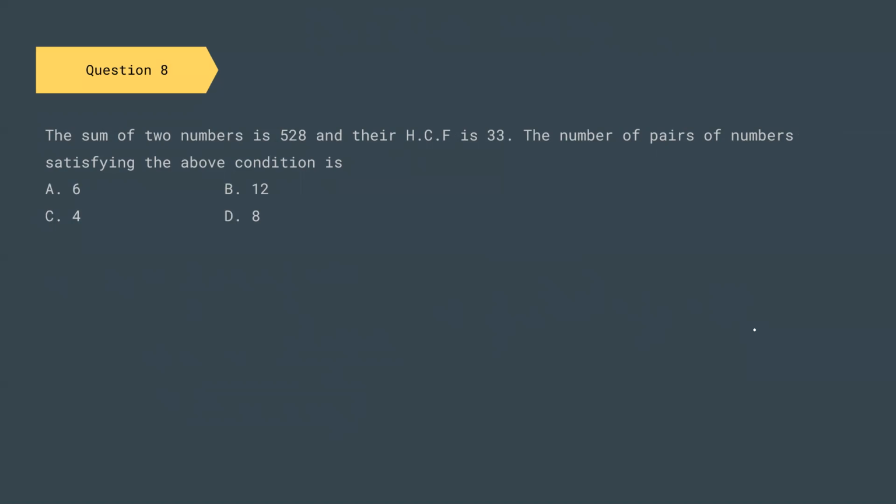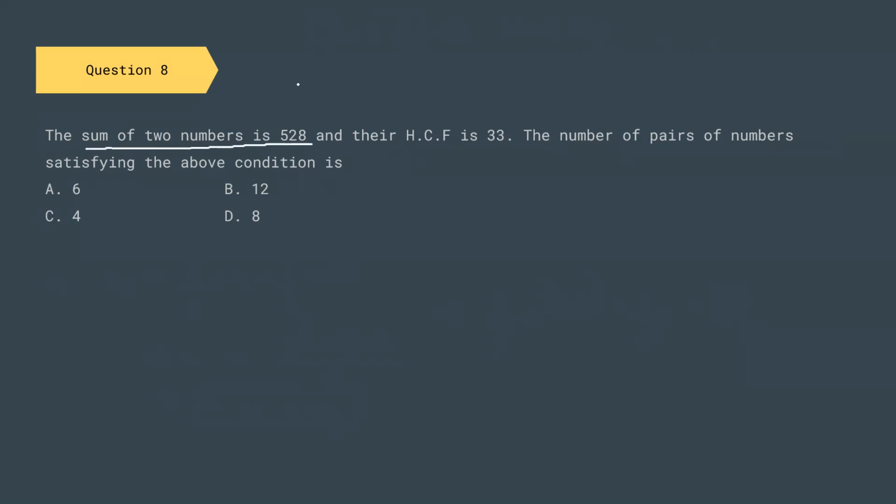The number of pairs of numbers satisfying the above condition is. So they haven't asked us to find out the exact result. They have asked how many pairs of numbers are going to satisfy this particular situation. So from this situation, I can write the first relation.